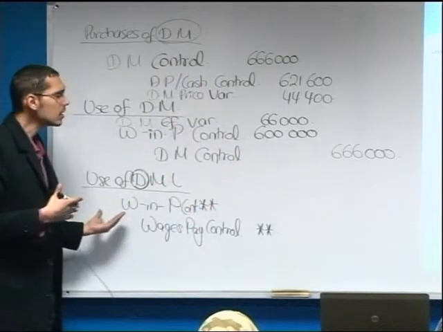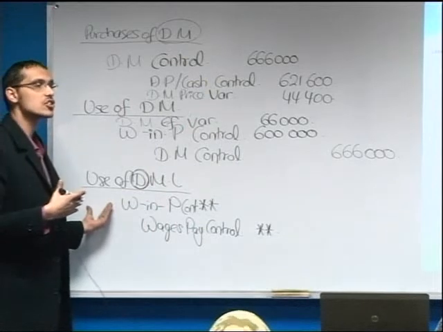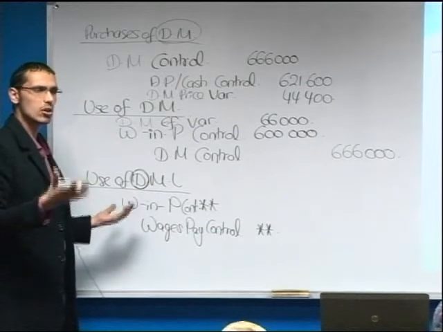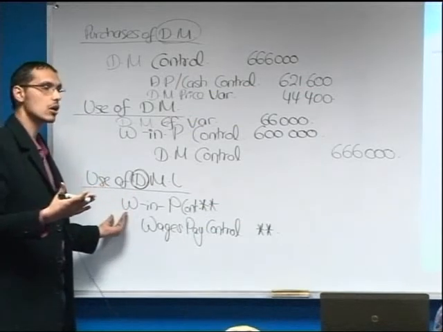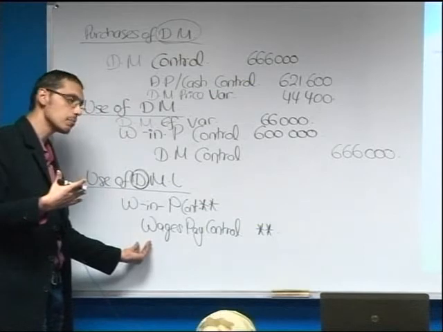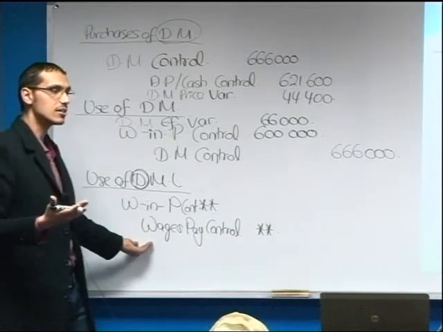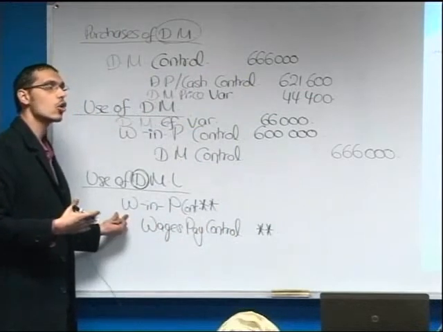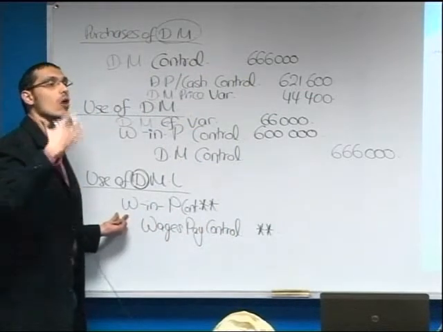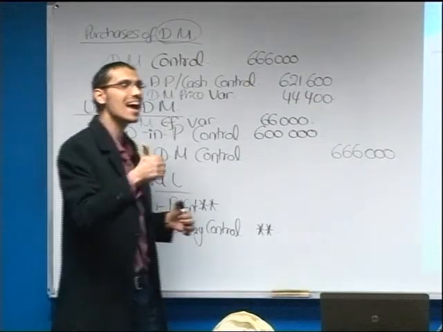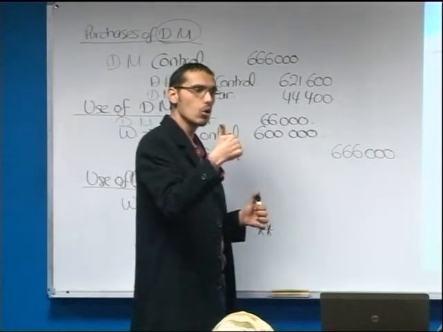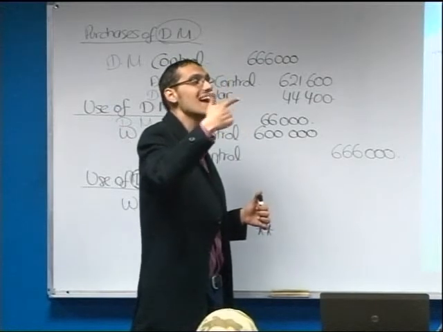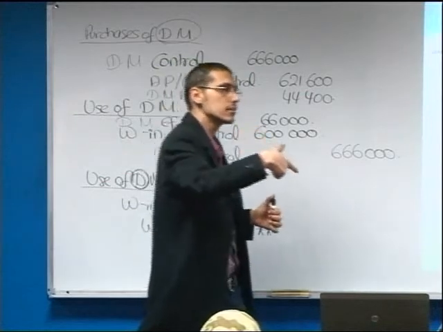Now, the use of the direct manufacturing labor, of course, according to our normal costing or actual costing, the work in process control would be debited and the wages payable control would be credited. Of course, we are going to recognize the costs according to our standard price per hour, or standard rate per hour, and according to our standard quantity per unit.